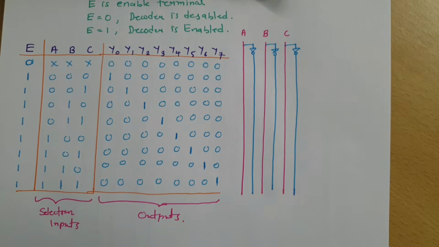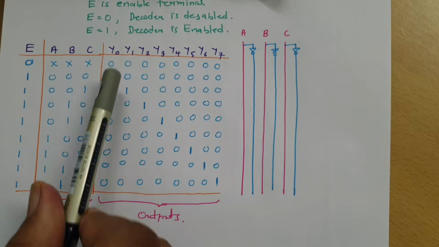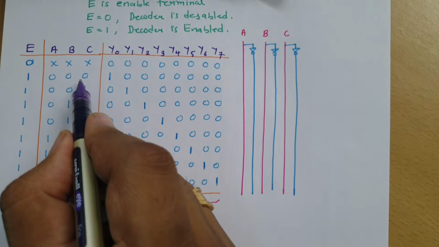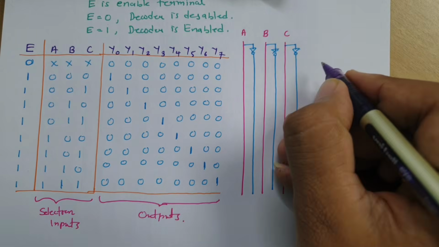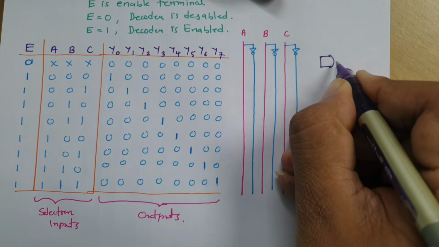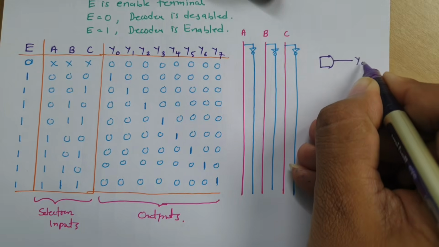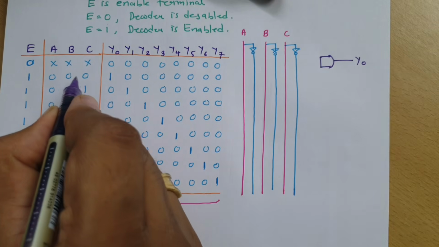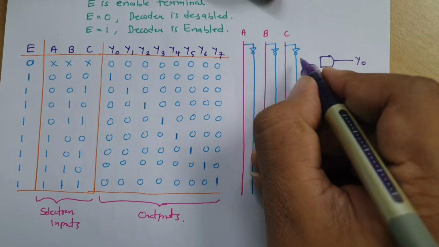Now if you want to make a circuit for Y0 decoding, when ABC is 0 0 0, at that time Y0 will get decoded. So for Y0, ABC is 0 0 0 means A bar, B bar, C bar that we need to connect.